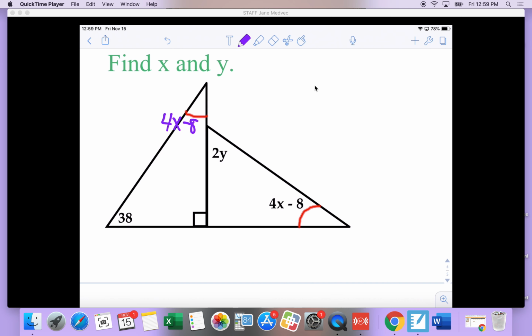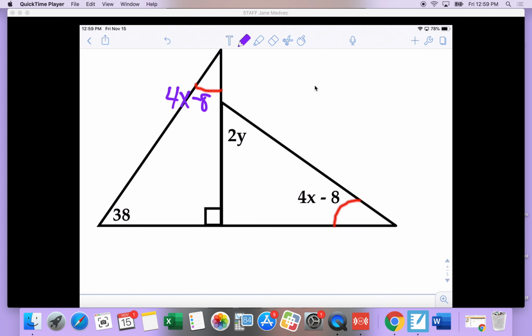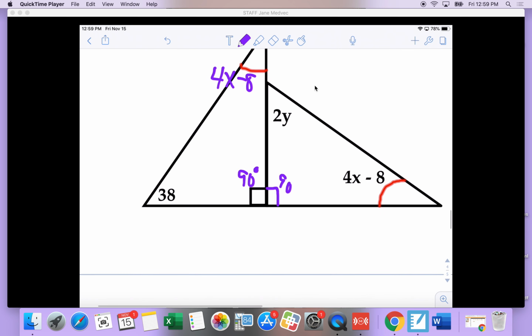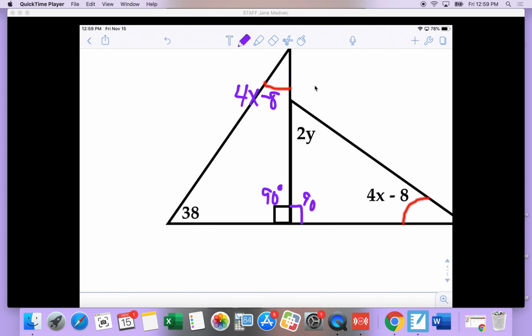Okay. And then what? Okay, so this is 90 degrees, this is 90, this is 90. So I can take this left triangle and go 4x minus 8 plus 38 plus 90 equals 180.